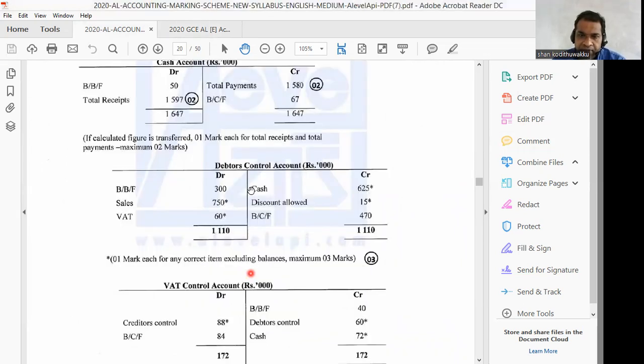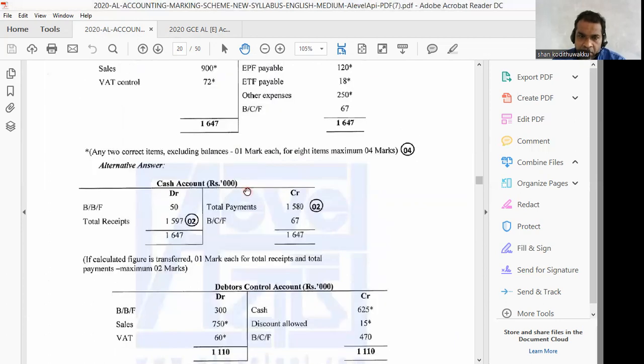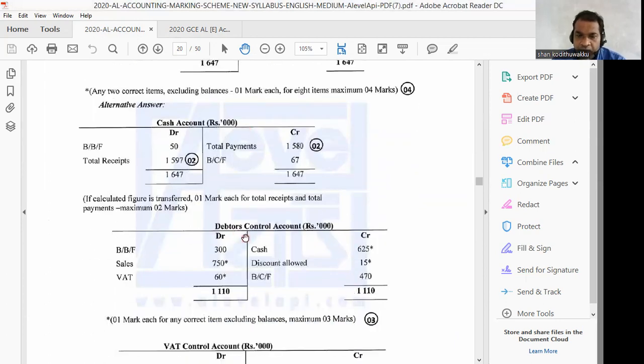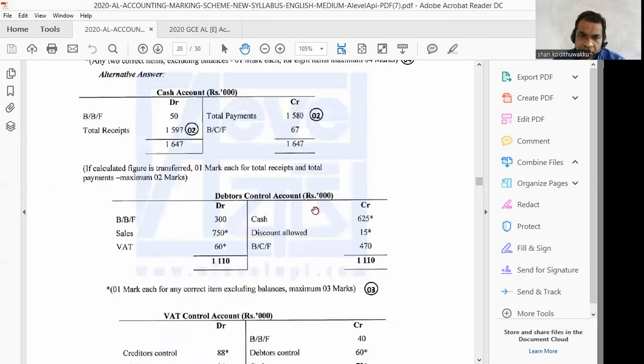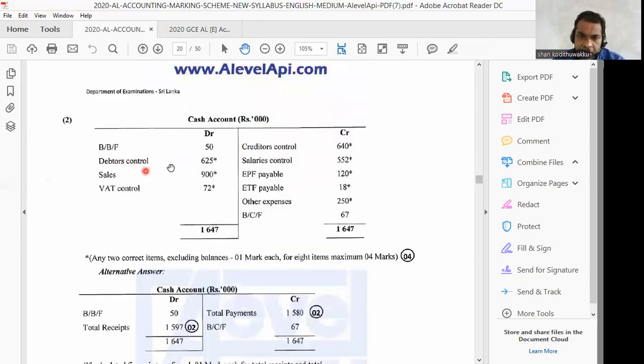Here I have mentioned we have credited the debtors control account. Here we apply the individual debtors concept: cash account debit 625, discount allowed account debit 15, and here we have credit. Then when it comes to the cash account, you can debit debtors control 625 in the cash account.